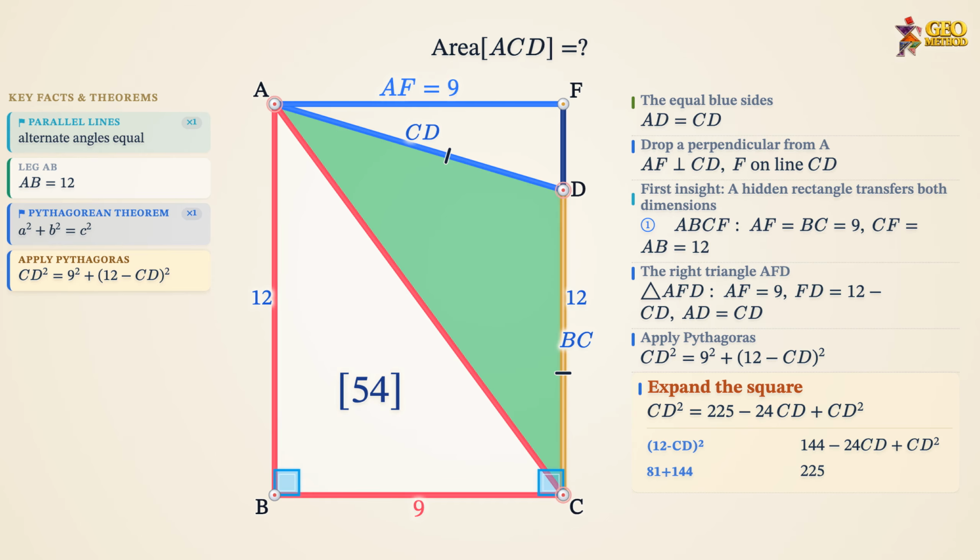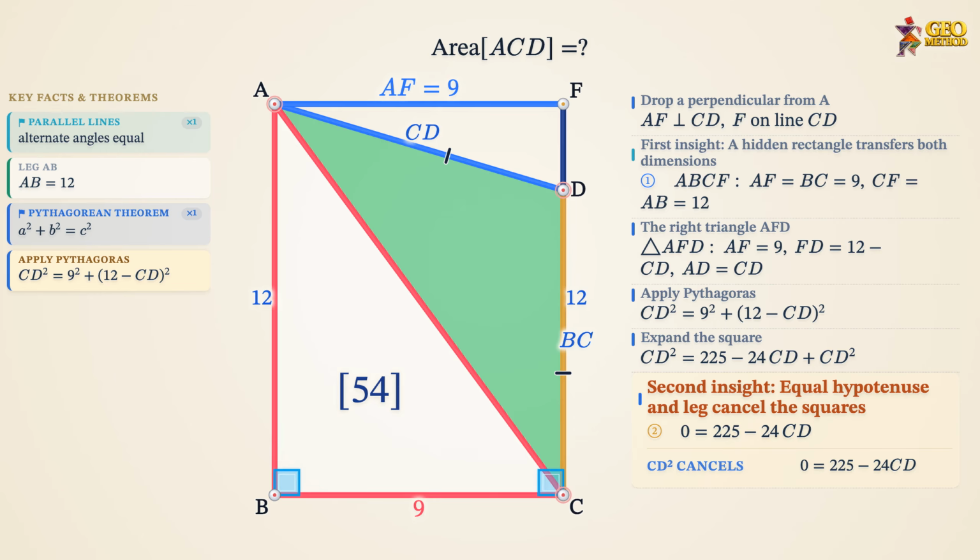Expand (12 minus segment CD) squared into 144 minus 24 segment CD plus segment CD squared. Adding the 81 to the 144 gives 225, so the right side is 225 minus 24 segment CD plus segment CD squared. A second insight now finishes the structure.